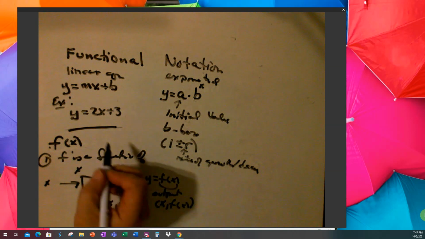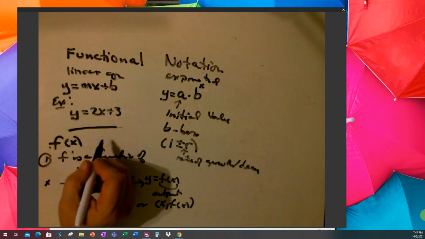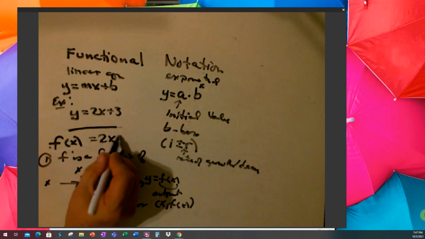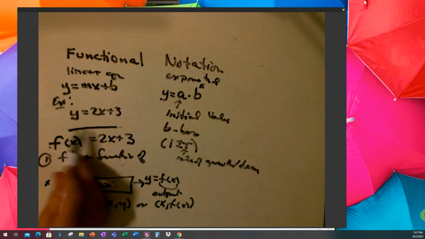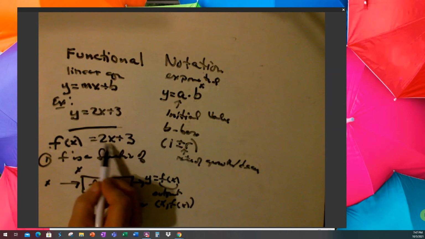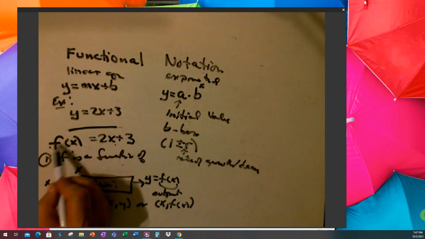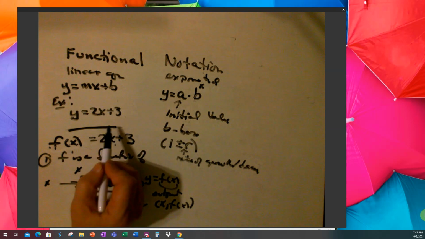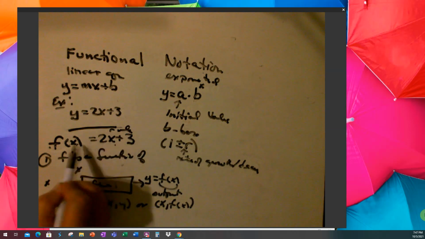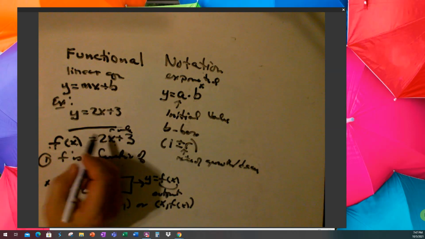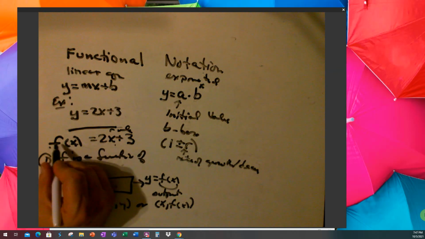Okay. So for this one, I could call this guy f of x equals 2x plus 3. Now what it means is that the value of this thing all depends on x. f is a function of x. f of x is equal to, here's the rule, okay? And that's how they are related, the input to the output.